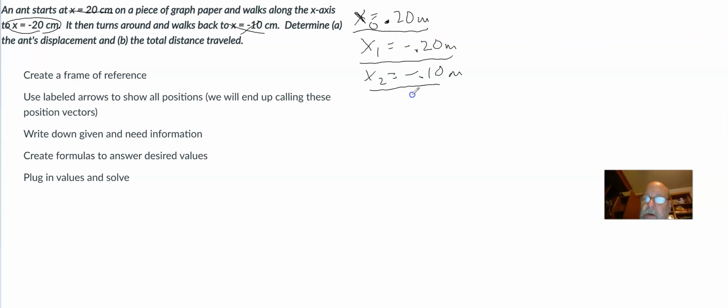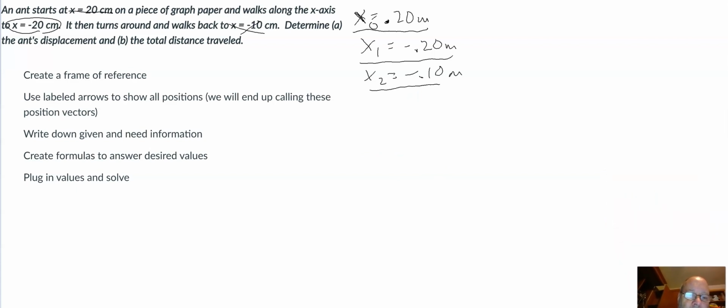So the first thing I want to do is create a frame of reference. And I know that I'm going to need some negative as well as positive.